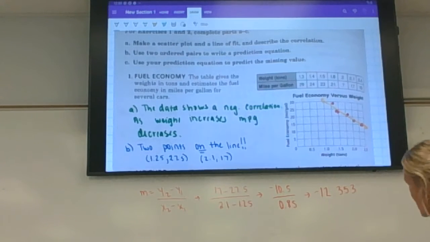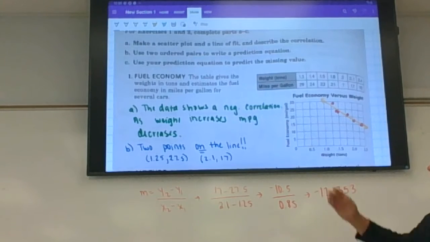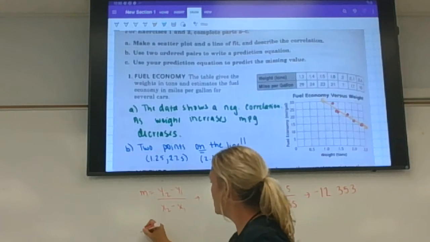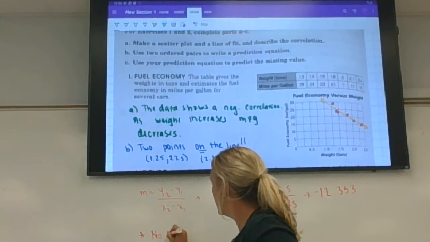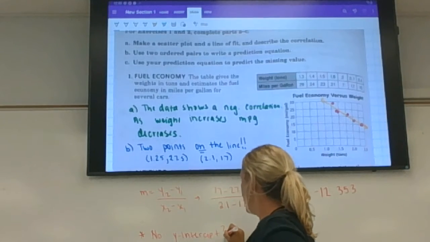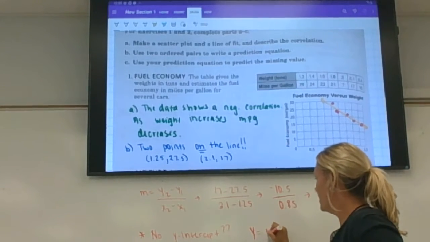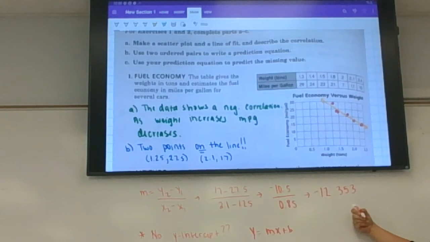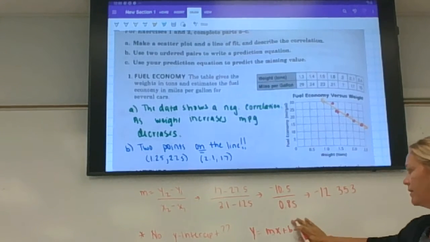Still haven't written the equation. So I can't see the y-intercept. No y-intercepts. And I want to write a y equals mx plus b equation, and I have the m, but I don't have the b.